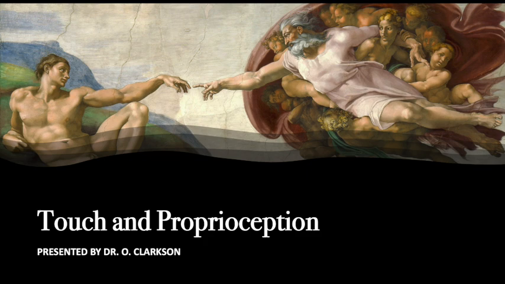So if you did a comprehensive neurological exam on a patient that had a spinal cord injury, you'd be able to see the regions that maybe have some deficits in touch and other types of sensation as well. Pinprick sensation, touch sensation. So we'll go into that in a little bit more detail.